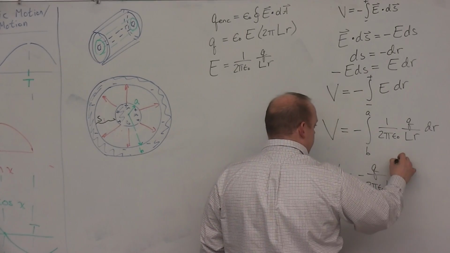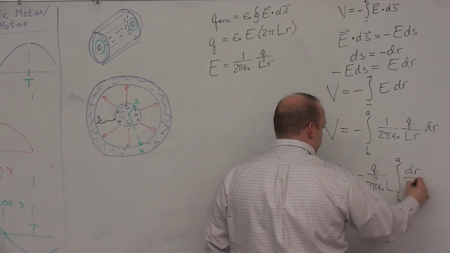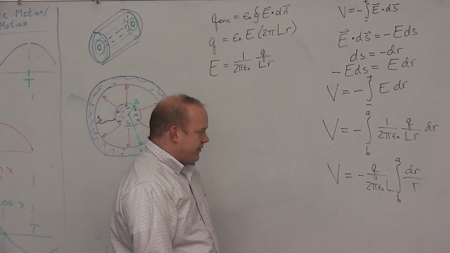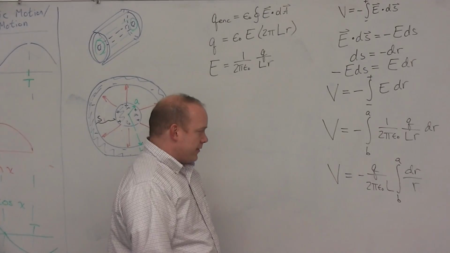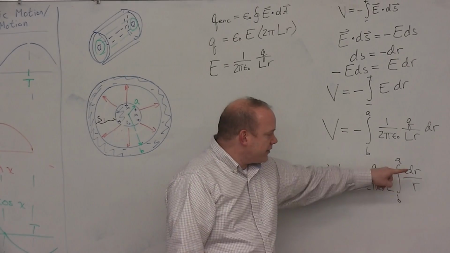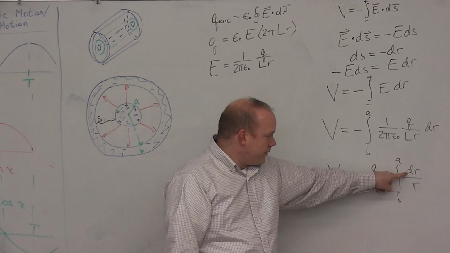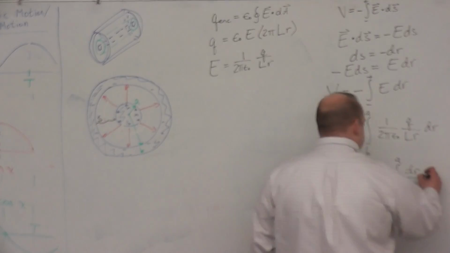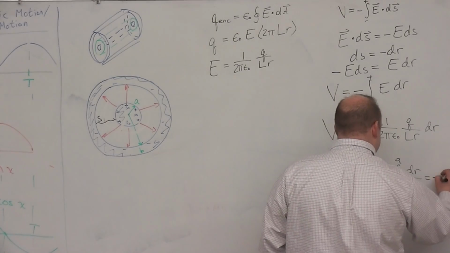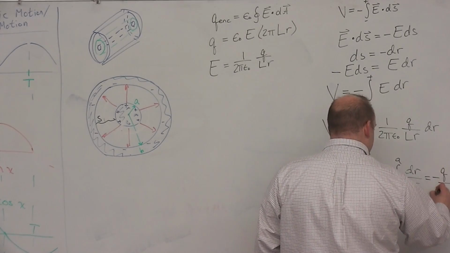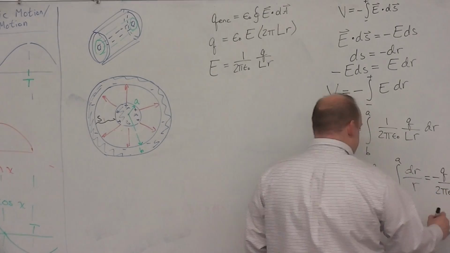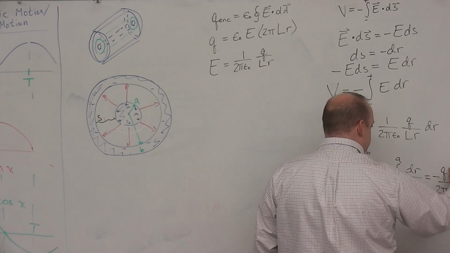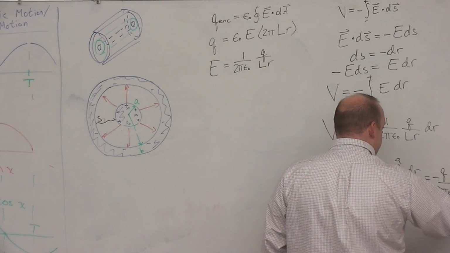Integral from B to A of dr over R. Now, at this point, whether you're in BC or AB, even fun calc, should understand, because I've done it a few times, that the integral of dr over R is going to give you the natural log of R. So now, this would equal negative Q over 2 pi epsilon naught L, natural log from A to B, so it's going to be the natural log of A minus the natural log of B.